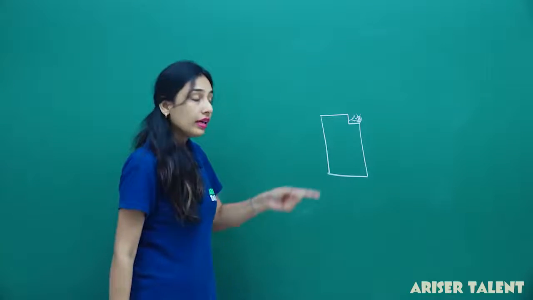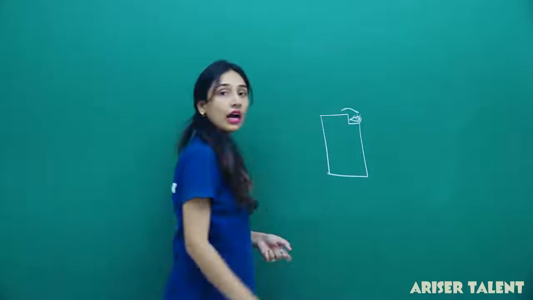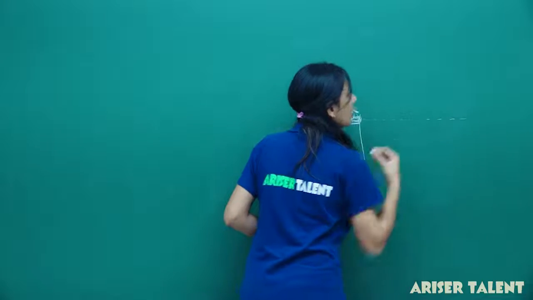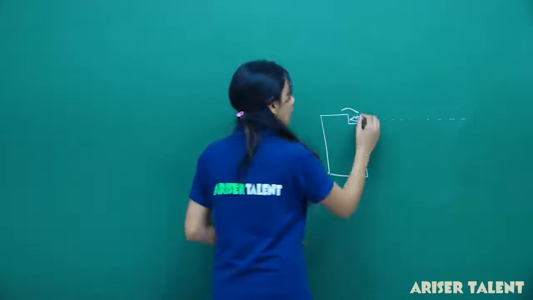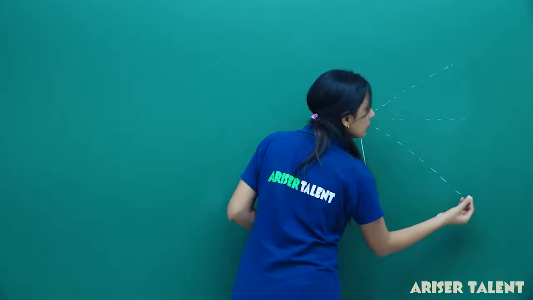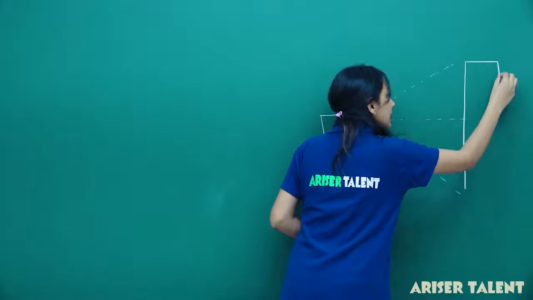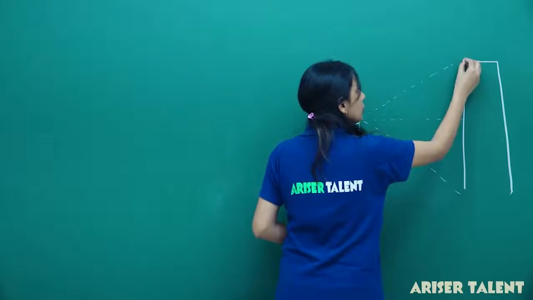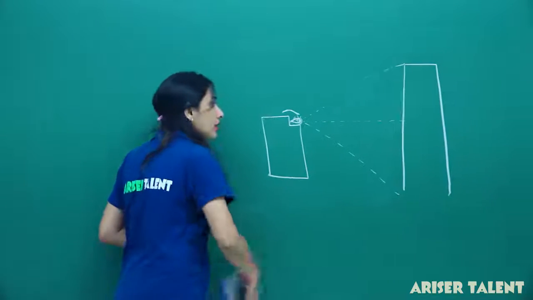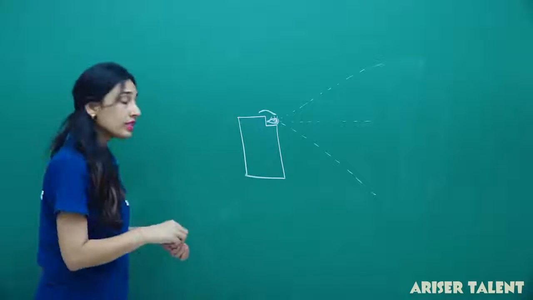Now if this is your eye, if this is the horizon line, then you can see upside, you can see downside. Let's have another building here. So you can see the top of that building, or let's suppose there is no building. So there are two cases, you are looking upwards or you are looking downwards.